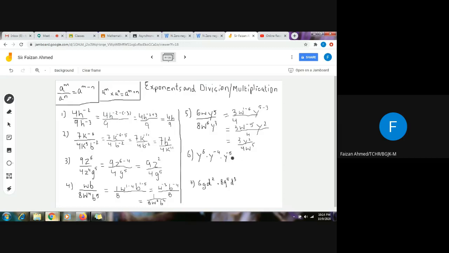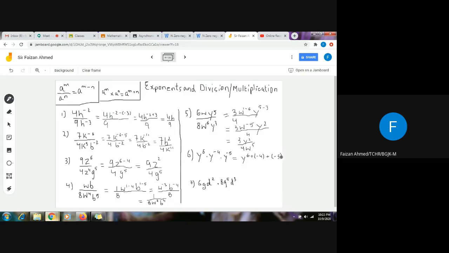In question number 6, we have law number 1, which is basically when the bases are same, the powers shall be added. So we will just add the powers. We will write y once, and we will just add the powers. 6, and I will use a sign of addition because we have to add the powers, and since there is a minus 4, I will use a bracket for that. Again there is a positive sign, and then again you will use a bracket and minus 5 in that.